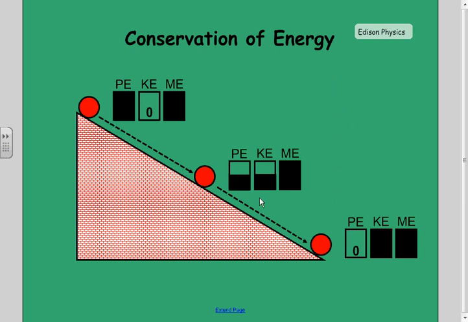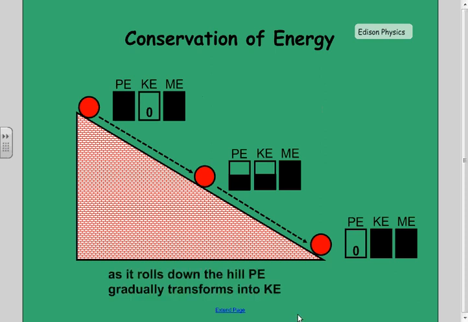So as the ball rolls down the hill, potential energy is transformed into kinetic energy, but the total mechanical energy of the ball stays constant. So there it is. As it rolls down the hill, PE gradually transforms into KE. That's a quick review of conservation of energy as a concept.